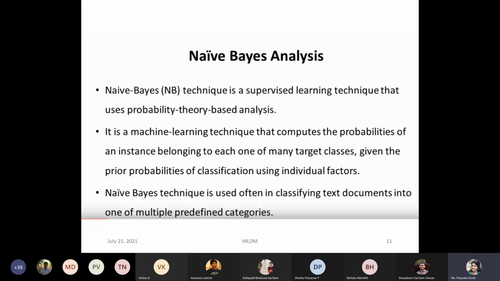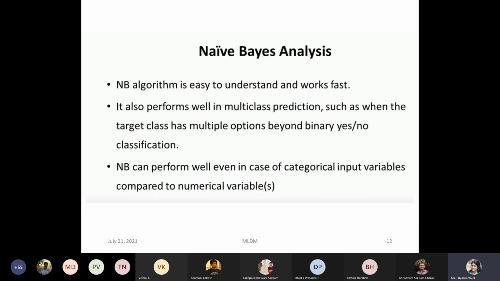This is a supervised learning technique based on probability theory. We compute the probability of an instance belonging to, say, yes or no. We find the probability of it being yes, we also find the probability of that particular instance being no, and whichever is maximum, we classify accordingly. That is our generic approach of naive Bayes.